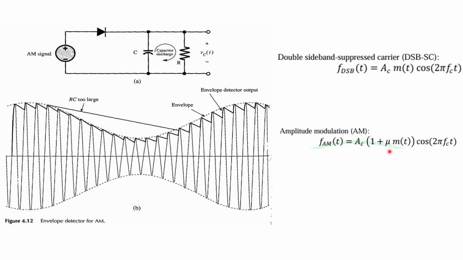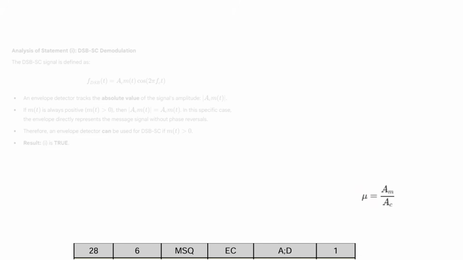Let's suppose mu m(t) is equal to minus 0.5, still it will be 1 minus 0.5, which is 0.5, greater than 0, so in that case also we can detect, right? Actually, the meaning is that 1 plus mu m(t) must be greater than 0, so sometimes m(t) may be less than 0. That is why the second option is not correct.